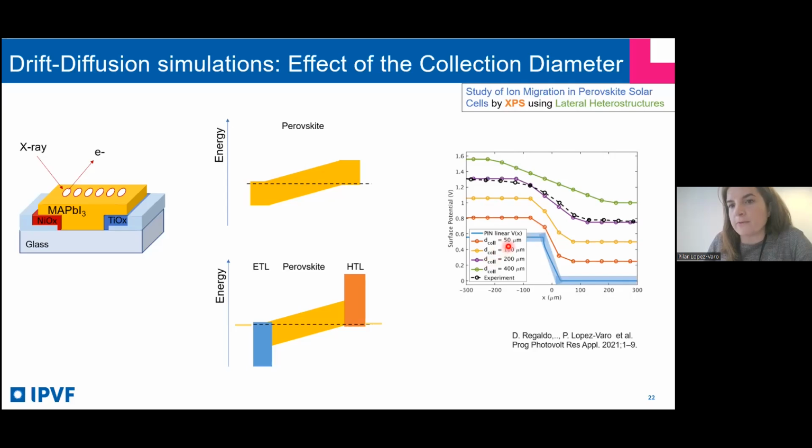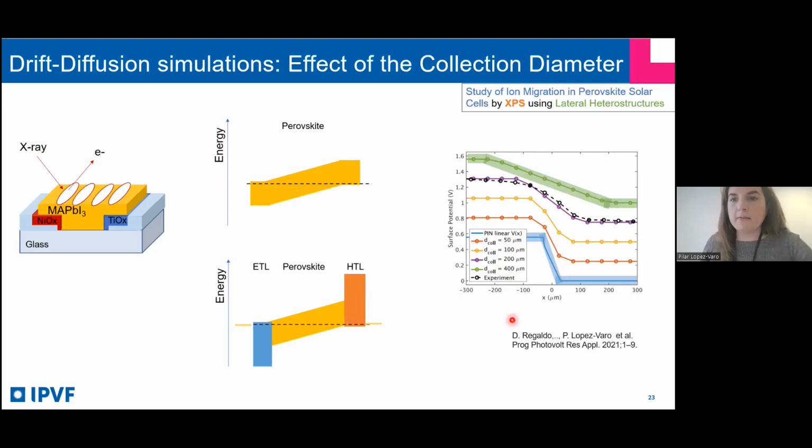For example, here it was 50 micrometer, so we are getting almost the same signal as from the drift diffusion simulation. And then once we increase the spot size, we are losing information of what we have in the bottom.